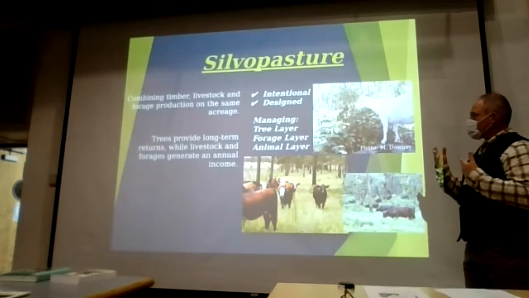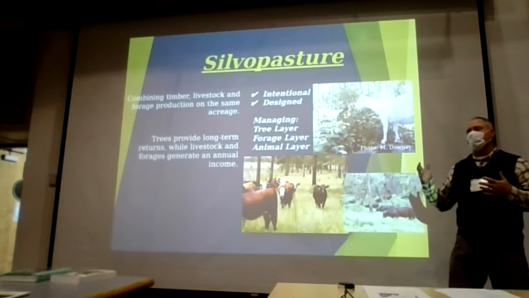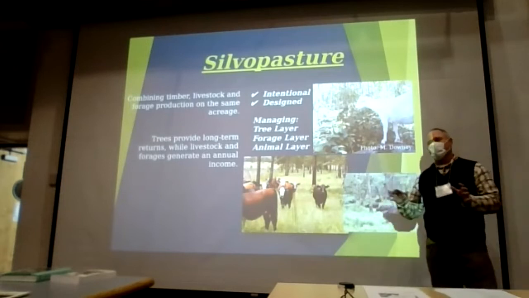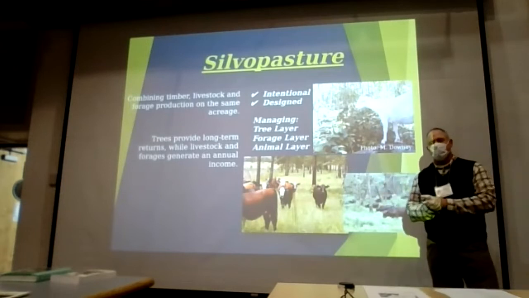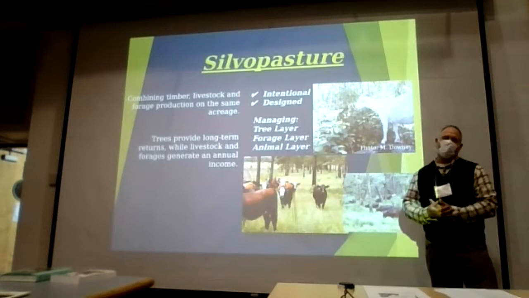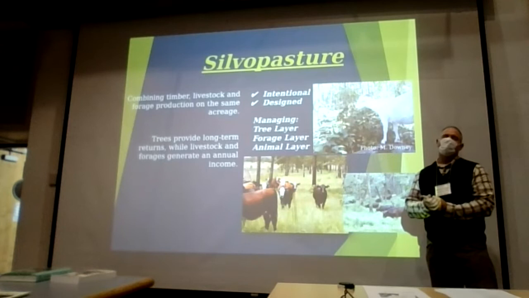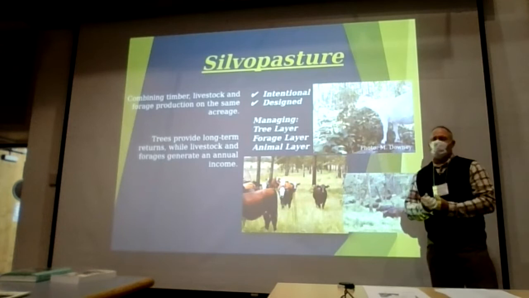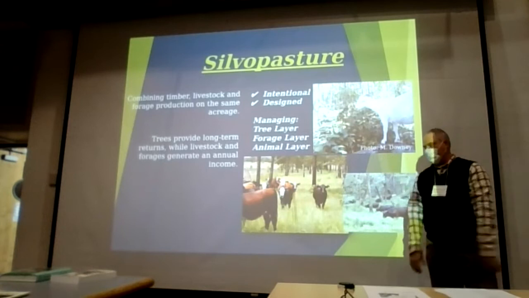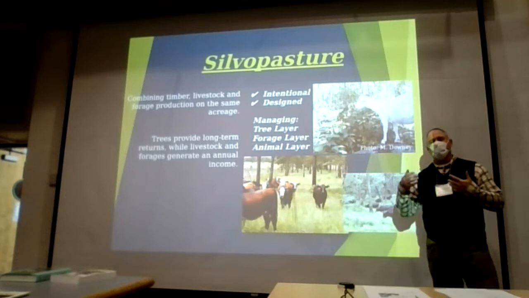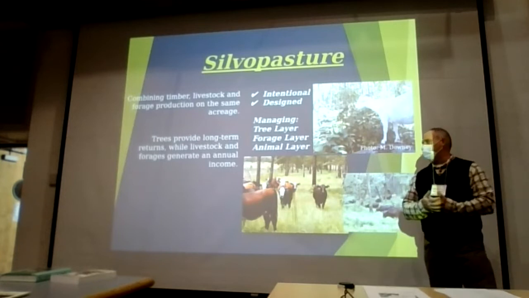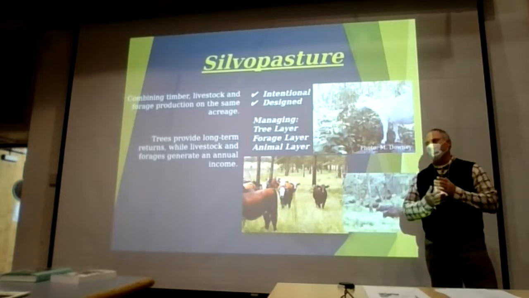So silvopasture is even more complex than these other agroforestry practices, because we're adding another element to this. We're adding the animal element. So not only do we have the trees, and we have now the forage, but now we're adding this animal layer. So, let's make no bones about it, agroforestry is not easy.